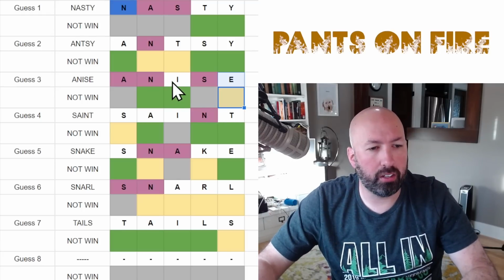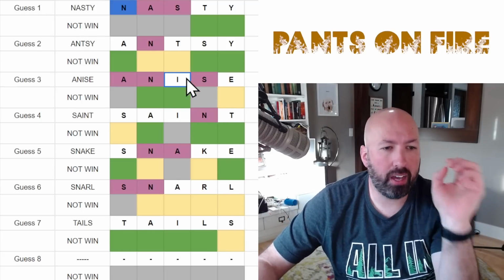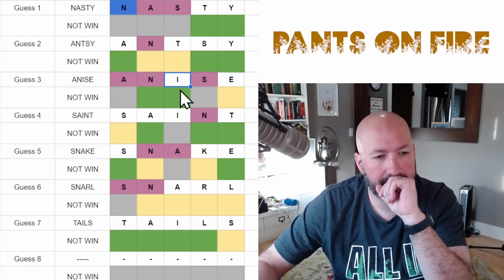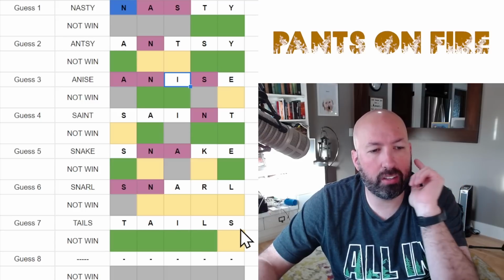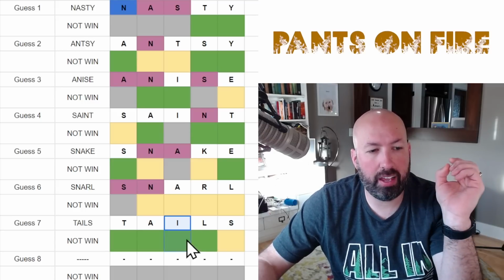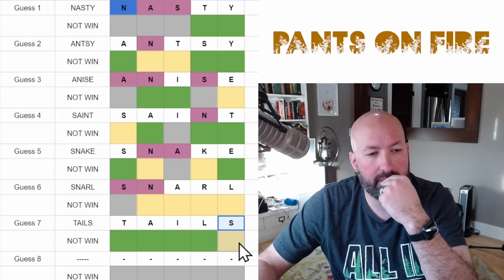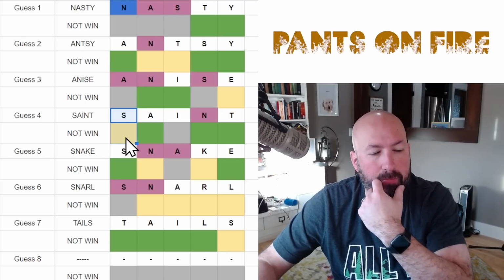Could the I be third? If the I is third, okay, if the I is third, the S has to be here. Because if this I is true, this S has to be a lie. But if the S is at the end, then this S is true.